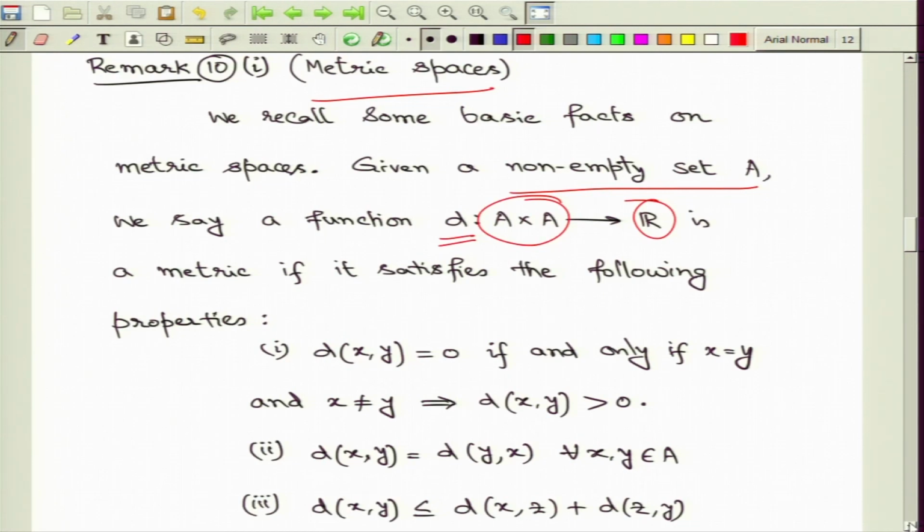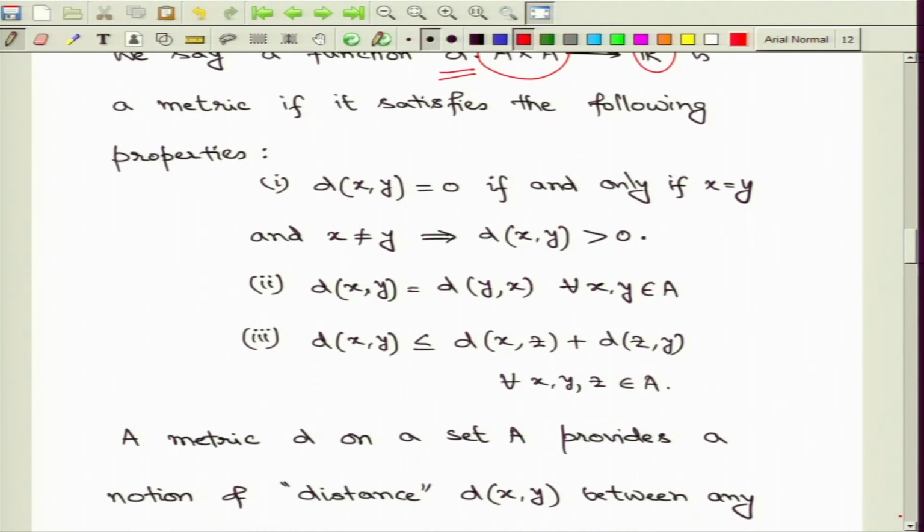The properties that we are looking for are like this: the function assigns value 0 if and only if the points that we are using here are equal. Therefore, if two points are equal, we will think of the distance between the points as 0, because it is the same point. On the other hand, if the distance is 0, then we actually have one point.